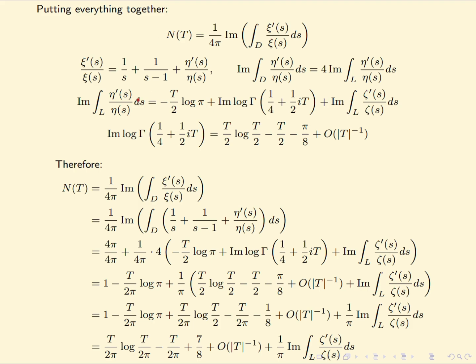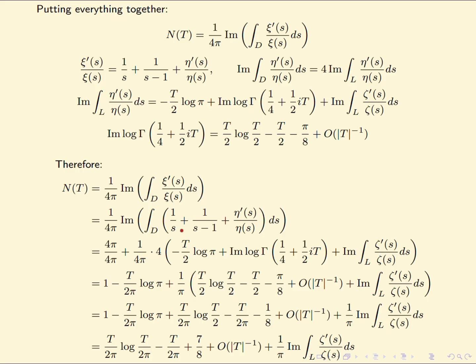So here it is. Apologies, there's a lot going on here because I'm plugging in every step from this part. So I start with 1 over 4 pi times this integral. I split out this integral using this equation, 1 over s minus 1 times eta prime of s over eta. And then I do a couple steps at once.